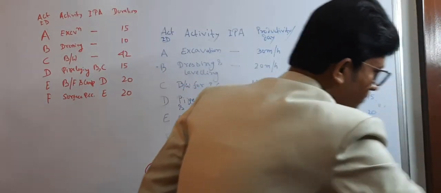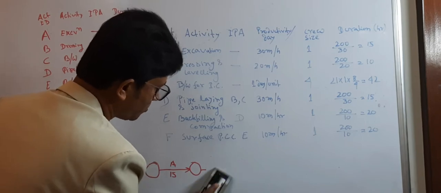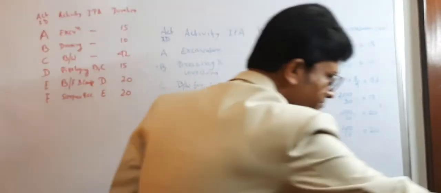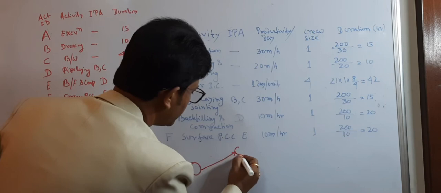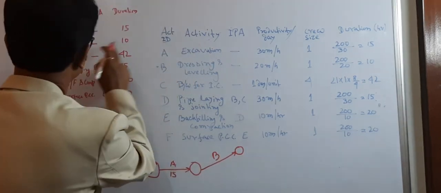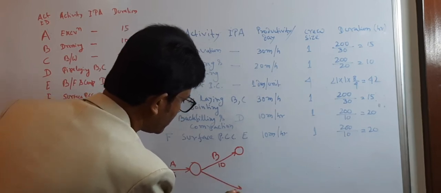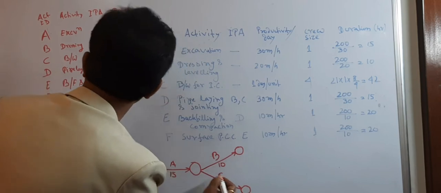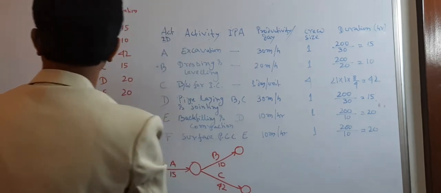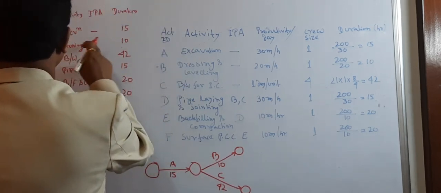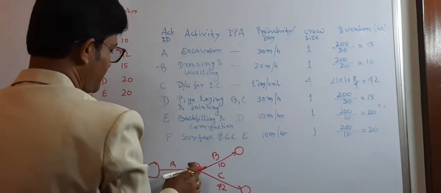Here we have to introduce a dummy. This will be activity B, that is 10 hours, and this will be activity C, that is 42 hours, as activities B and C are both coming from the same activity A.